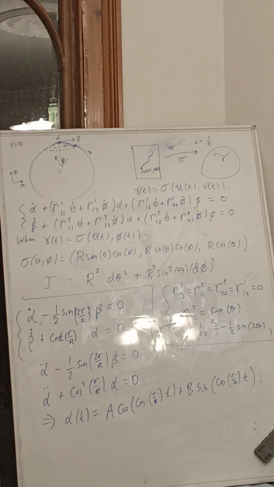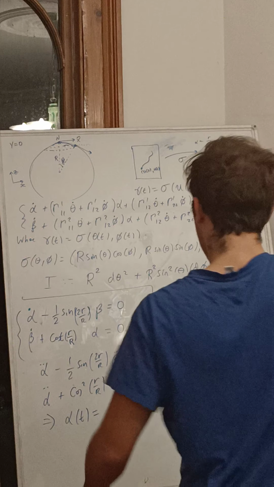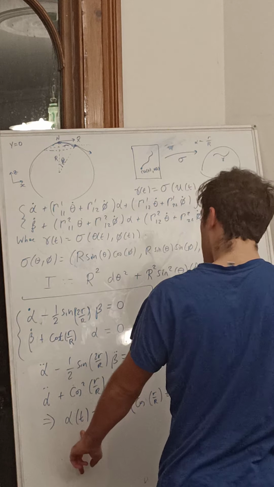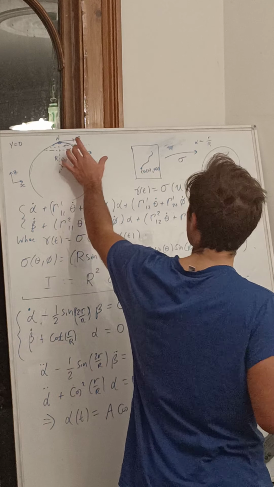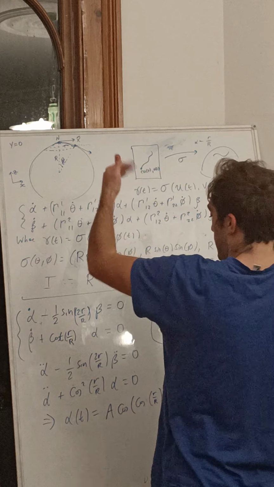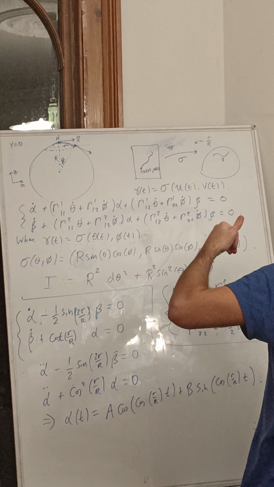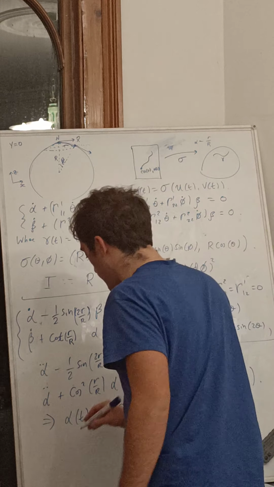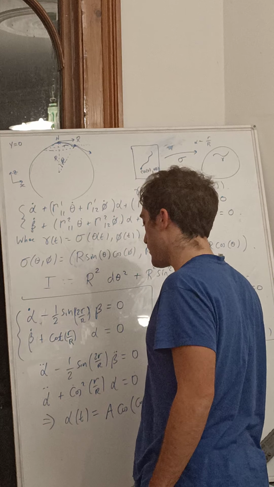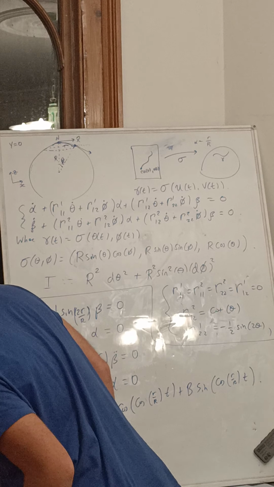Okay. So now we need to solve for these initial conditions. Well, at t equal to 0, what is my vector? So my vector is just going to be theta hat. Oh, okay, I need to solve for beta of t as well, right? I'm not done. So I think I have to do the same.